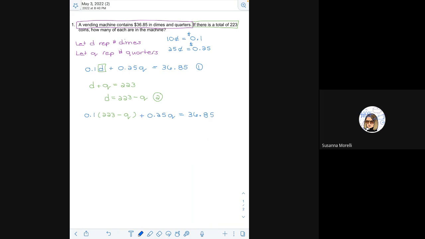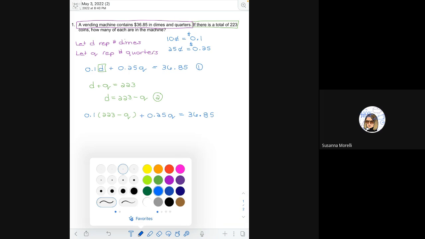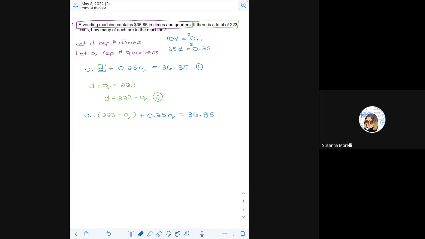Now we got to use the distributive property that we learned in the polynomials unit. So you're going to multiply 223 by 0.1, which is 22.3. We multiply it by negative Q, so negative 0.1 Q, and then plus 0.25 Q is 36.85.